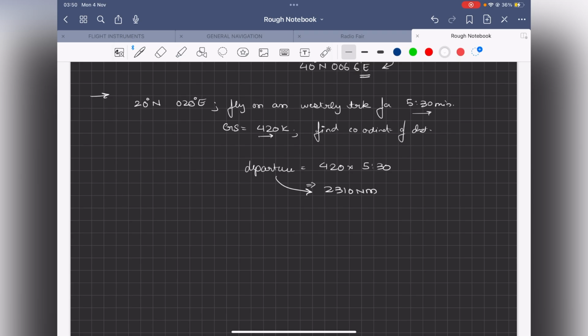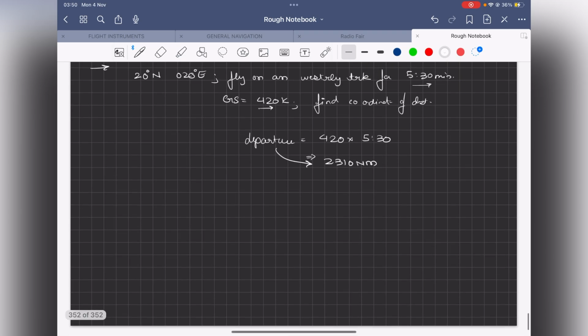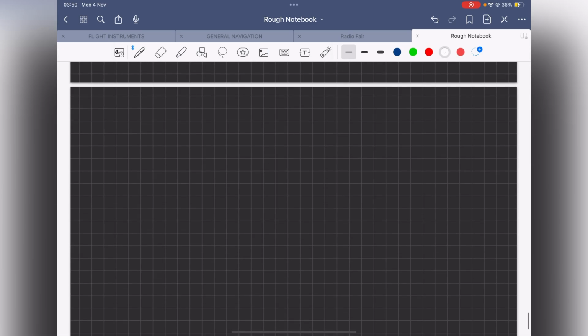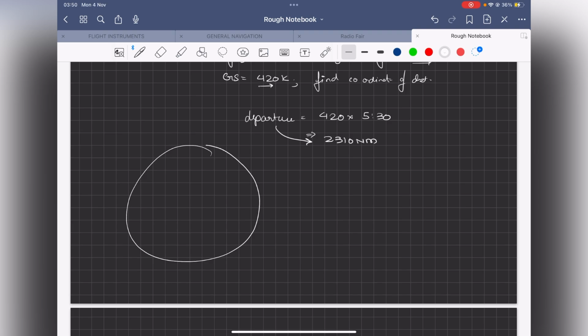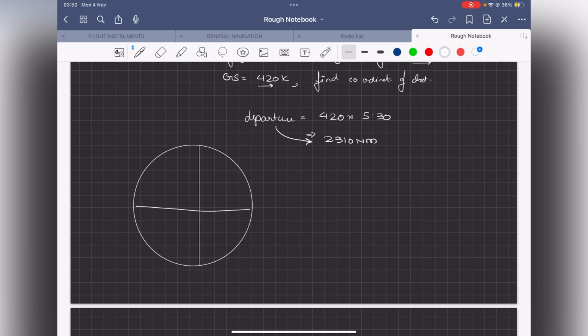From there, let's go back just the same way as we did in the previous question. We have a globe, we have a prime meridian, we have an equator. Now they told us that we start from 20 degrees east.